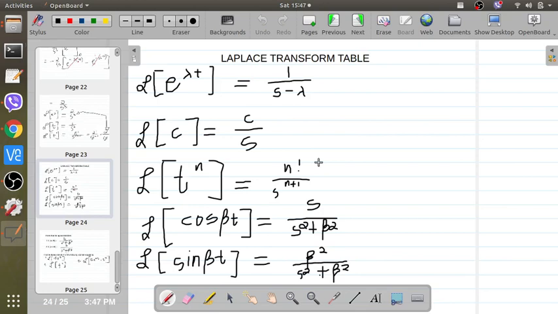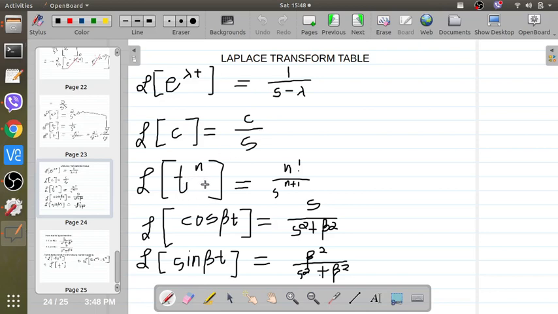So, here is the Laplace transform table. The Laplace transform of e raised to the power of lambda t is 1 over s minus lambda. The Laplace transform of any constant c is c over s.